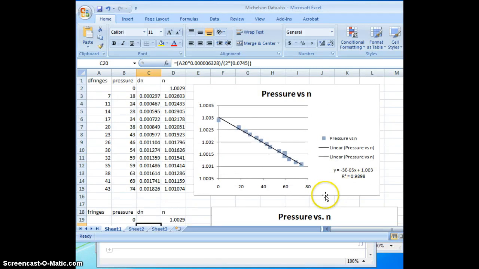On the way back up we had 3 times 10 to the negative 5, which is the slope of the change in index of refraction to the change in pressure. So that's the relationship there. It is indeed a linear relationship.